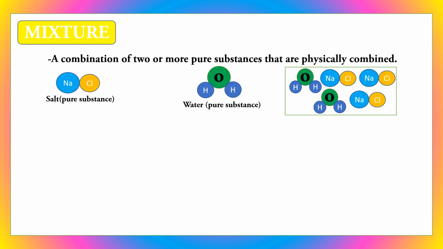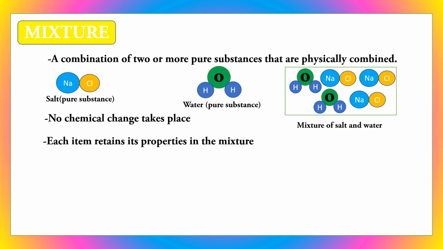Take note, a mixture of water and salt. So no chemical change takes place in this particular mixture. The chemical property of water is retained, and the chemical property of salt is retained. Each item retains its properties in the mixture.